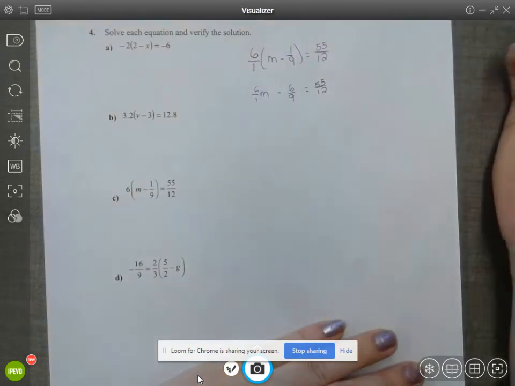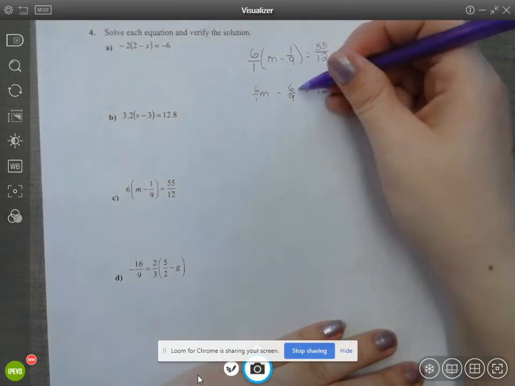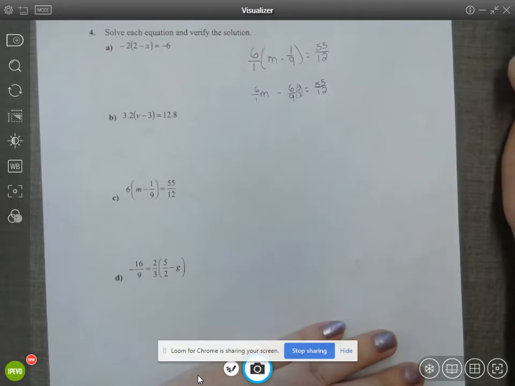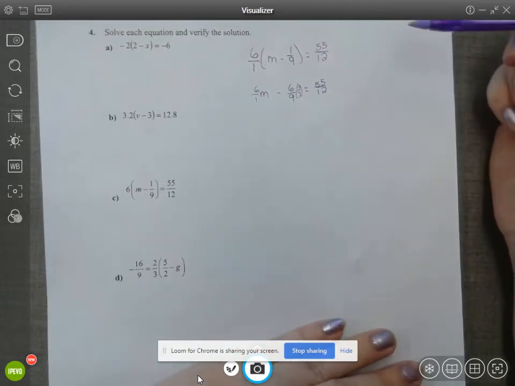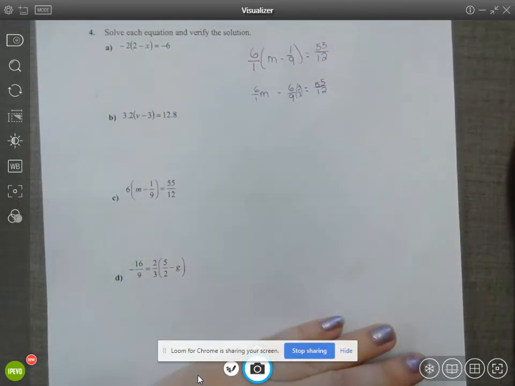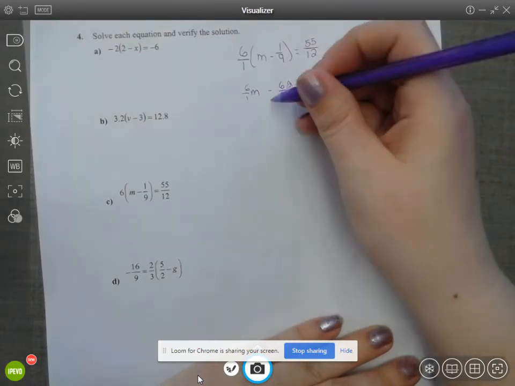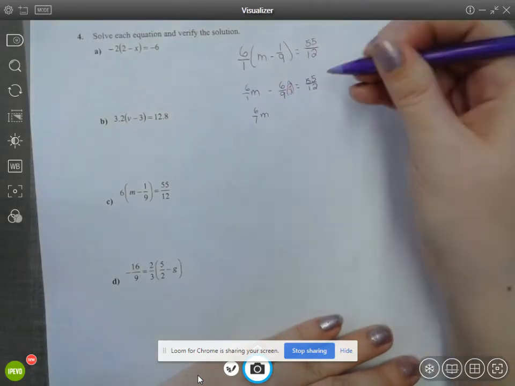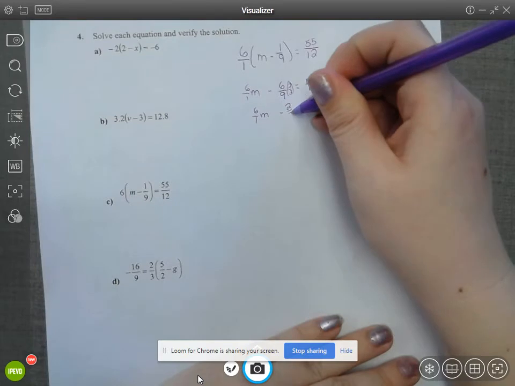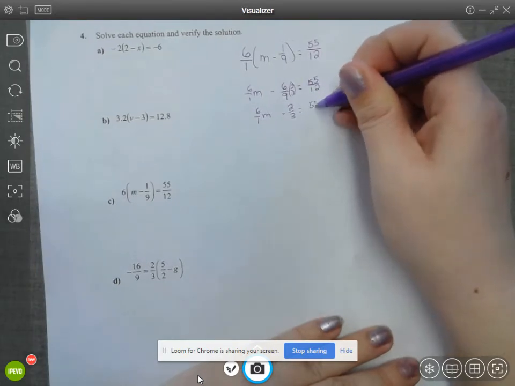So I'm actually going to do this to begin with right here, and I'm going to say that this is actually the same thing as 2/3, okay? Because simplifying makes you have to work a little bit less, right? So 6 on 1m minus 2/3 is equal to 55/12.